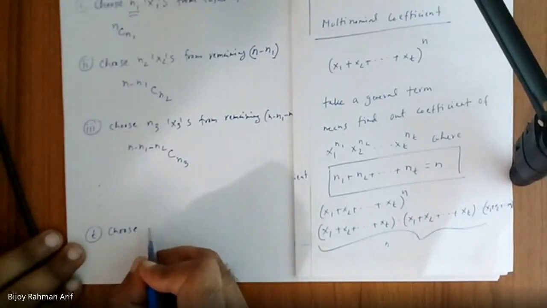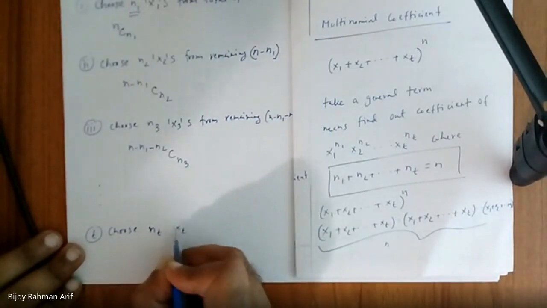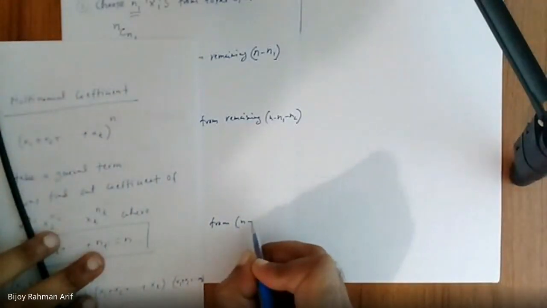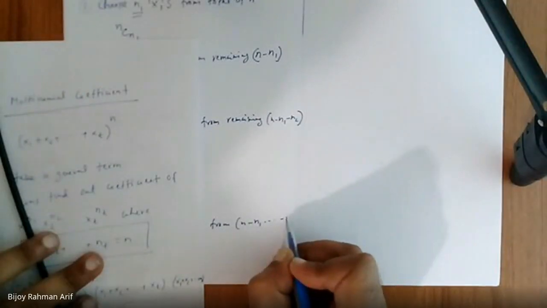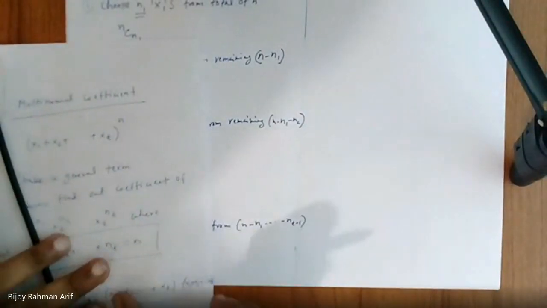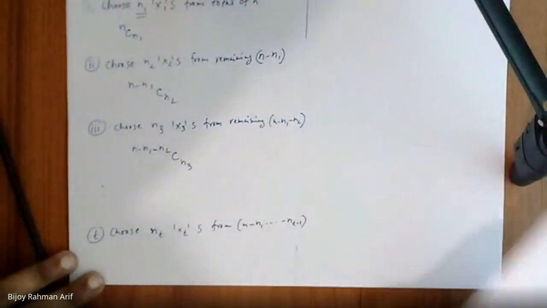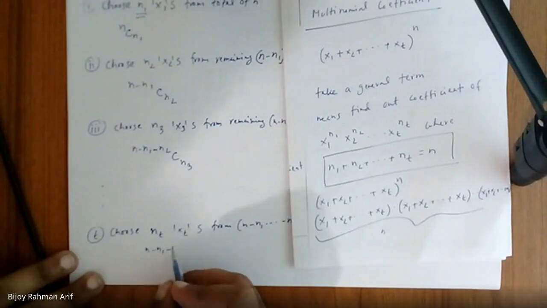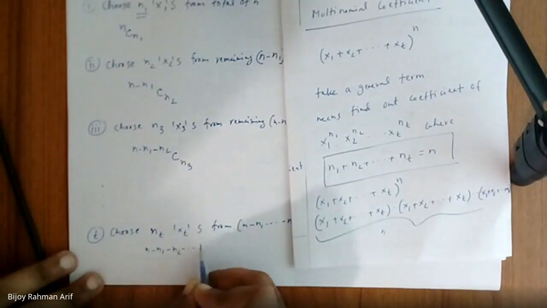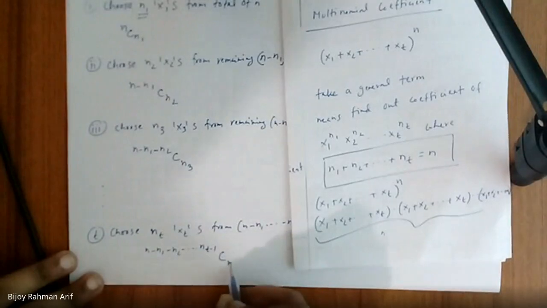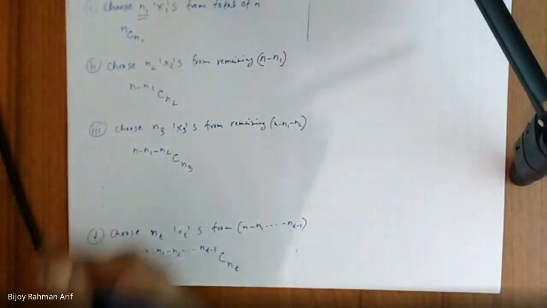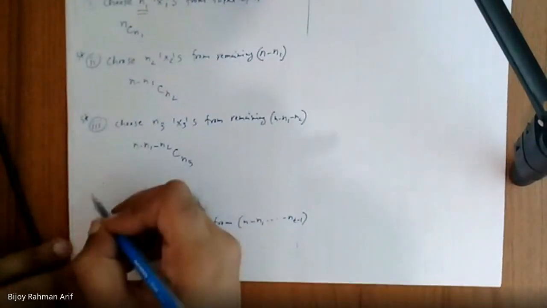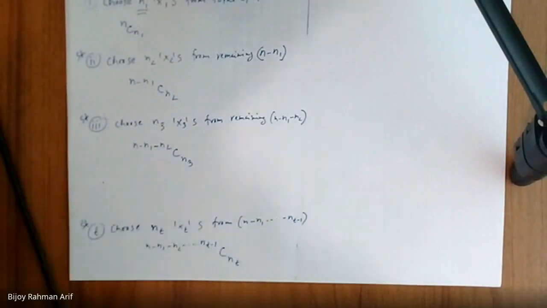Choose NT XTs from N minus N1 dot dot dot minus NT minus 1. This is nothing but N minus N1 minus N2 minus dot dot dot C T. So this is subtask 1, this is subtask 2, this is subtask 3, this is subtask T.